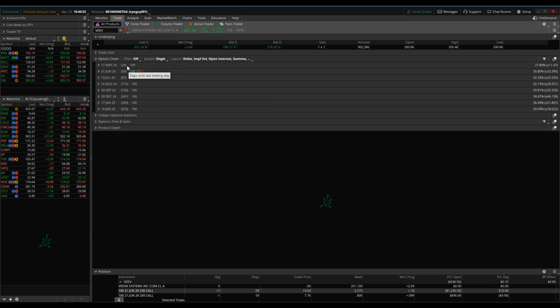Now, I don't like to trade weeklies because there's usually not a lot of volume, and you don't want to trade a spread on any options chain that doesn't have good volume. What's difficult is it's hard to get in, it's hard to get out, and also in the course of holding the spread, the market makers are not quite sure where the midpoint is.